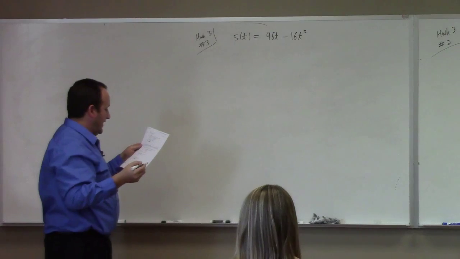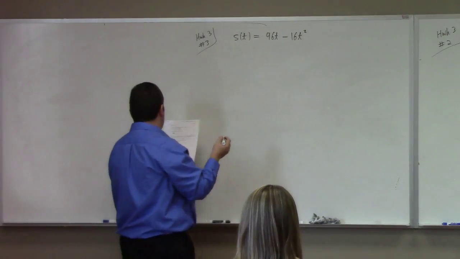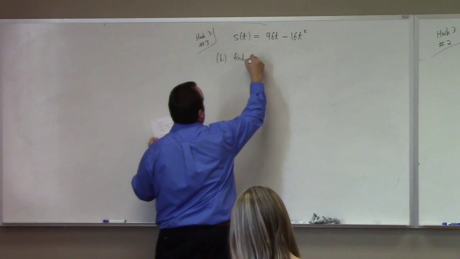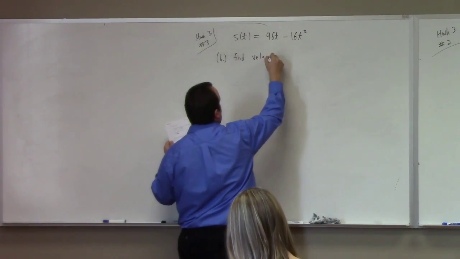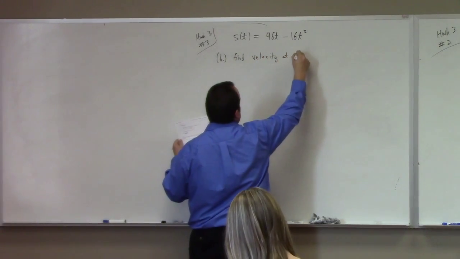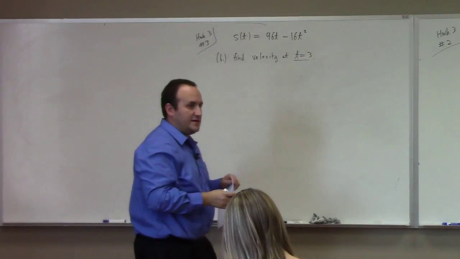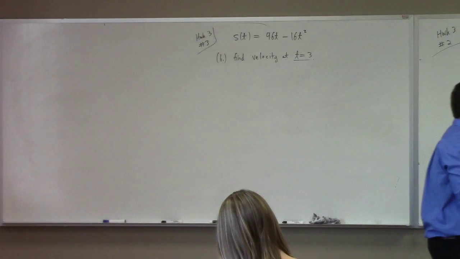So what's the instantaneous velocity at time t equals 3 is part B, right? Velocity at t equals 3. When I say velocity, I mean instantaneous velocity because that's what velocity is.